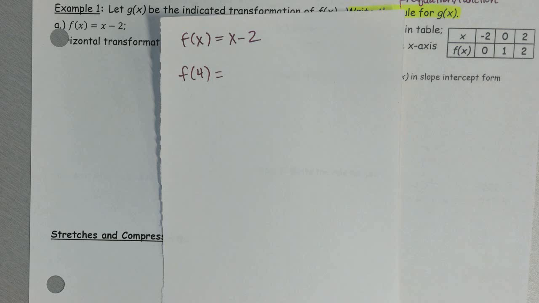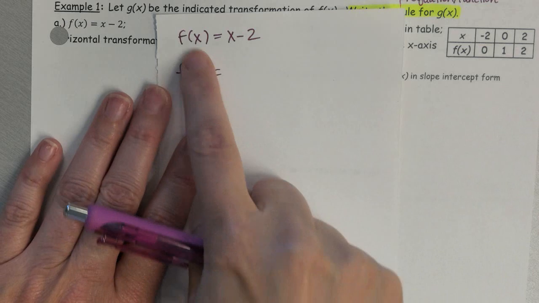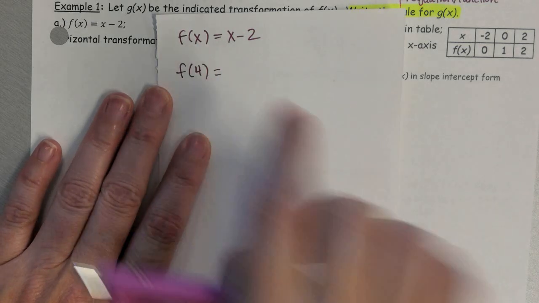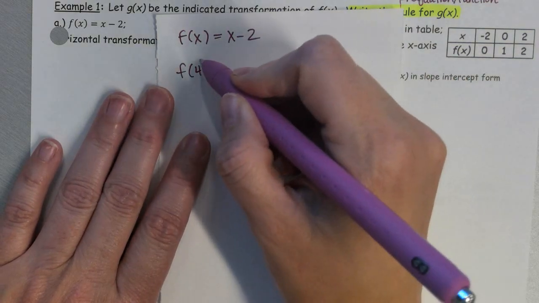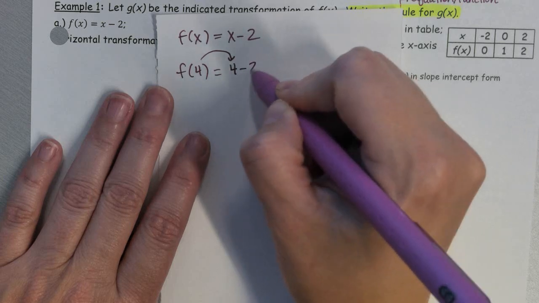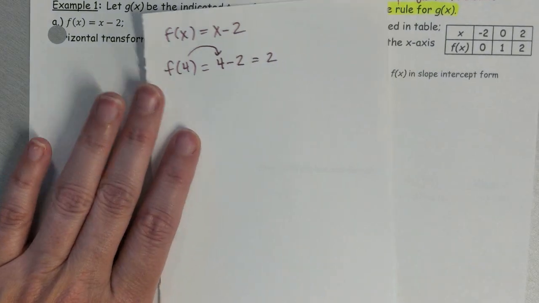It's okay if you don't know. Can you tell me what you would do? Yeah, I would put 4 for x. Good. Okay, so she said she put 4 in for x. So see how this was f of x, now it's f of 4? All you have to do is plug in 4 where the x is, so just 4 minus 2, which would be 2.